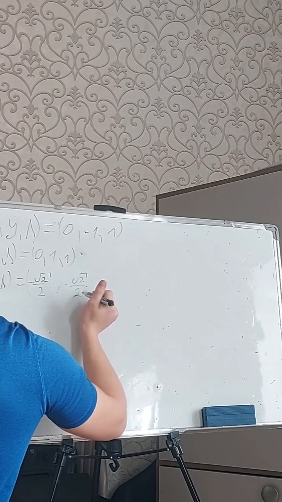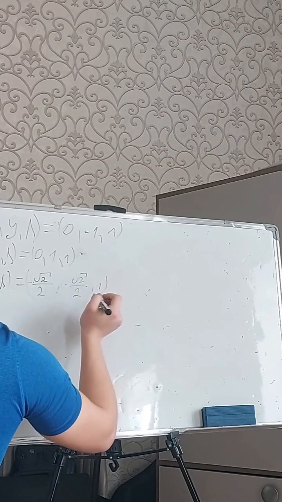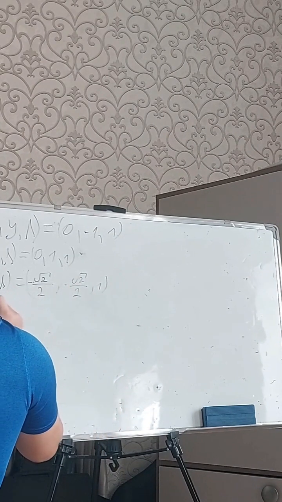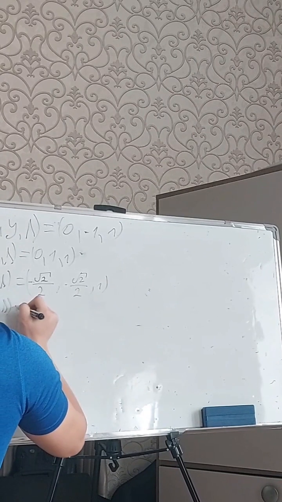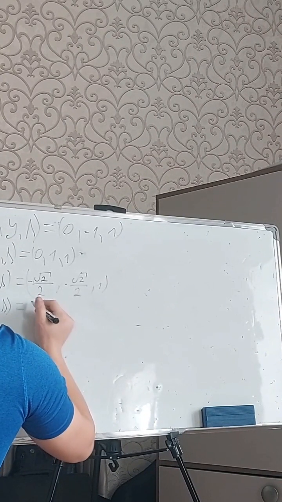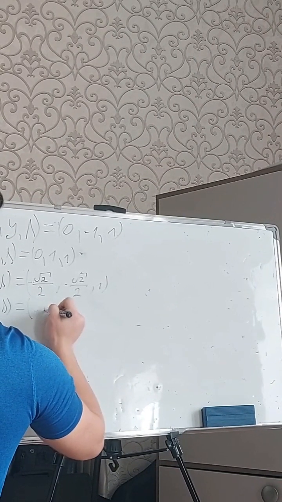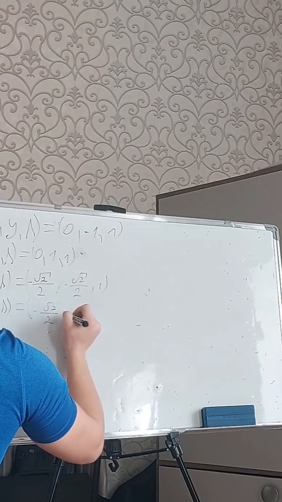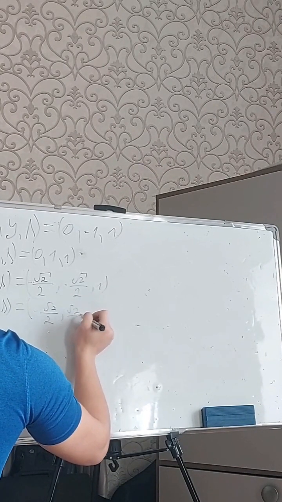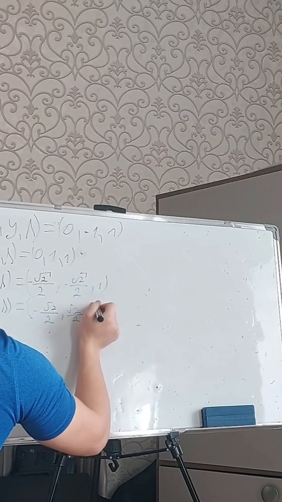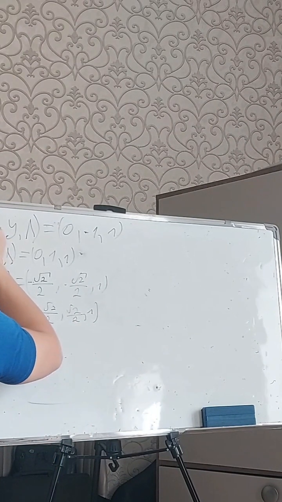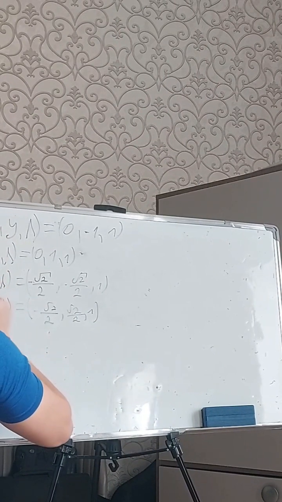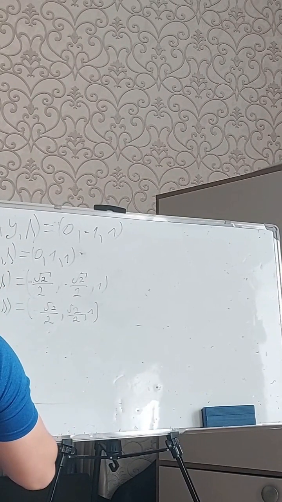I wrote them ready so as not to lose time. The fourth is negative square root 2 over 2, square root 2 over 2, with lambda equal to 1. And this is the fourth one; first, second, third, fourth, and the fifth one.